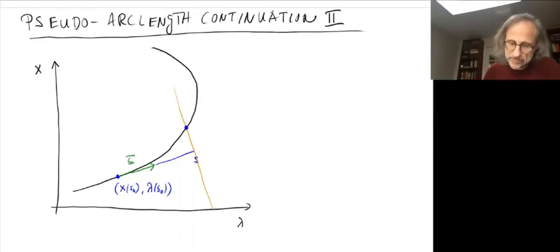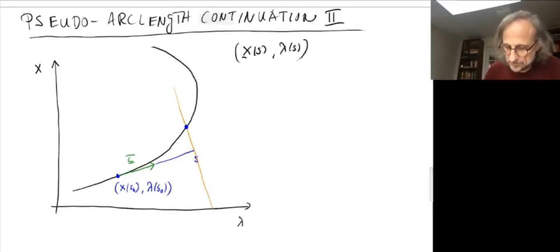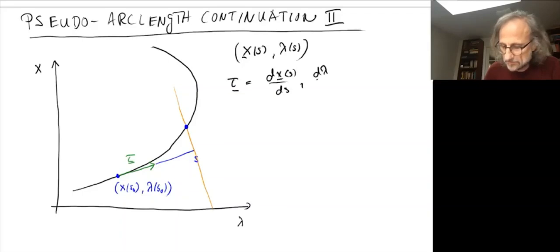Okay, so we first need a tangent, and so we imagine our solution is given by x of s and lambda of s. And the tangent vector will therefore be dx by ds, d lambda by ds.